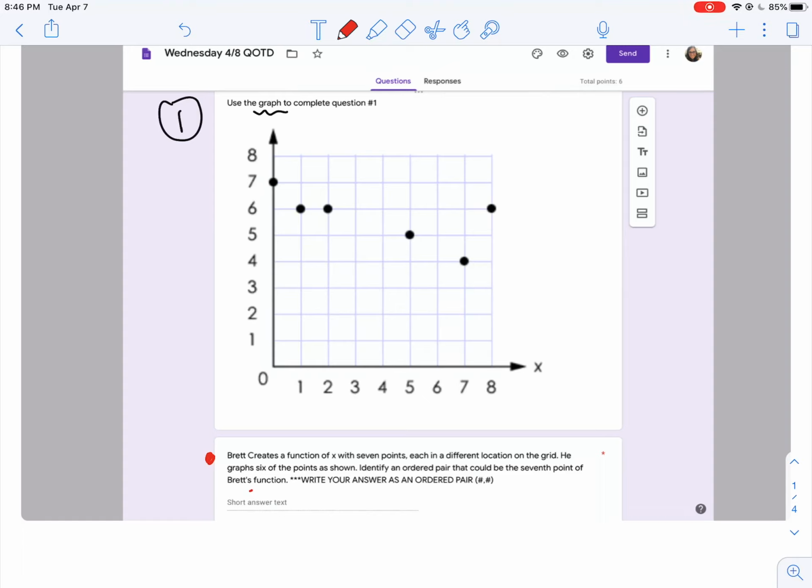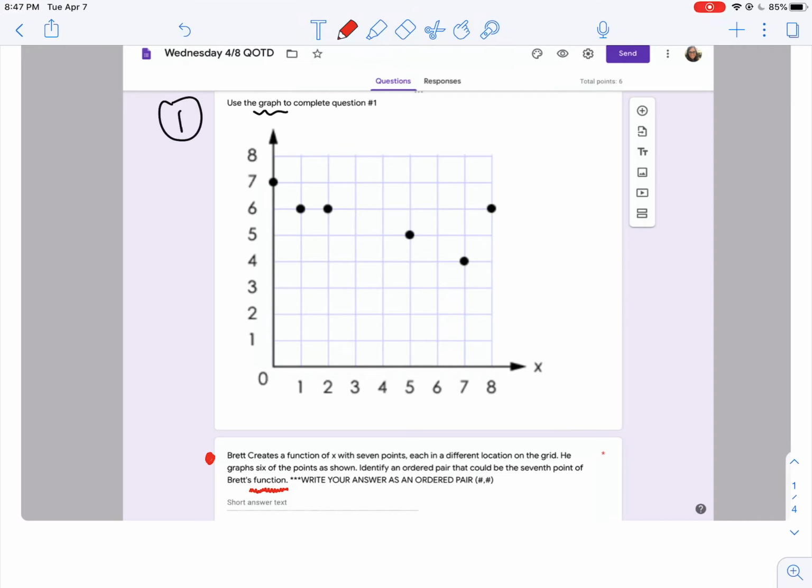Now, when you read this in your mind, what you should be thinking about is what does it mean to be a function? Now, we've done 2 days about functions, and a function is a set of ordered pairs where all your x values are different. Okay, now, what you can do is you could do one of two things.